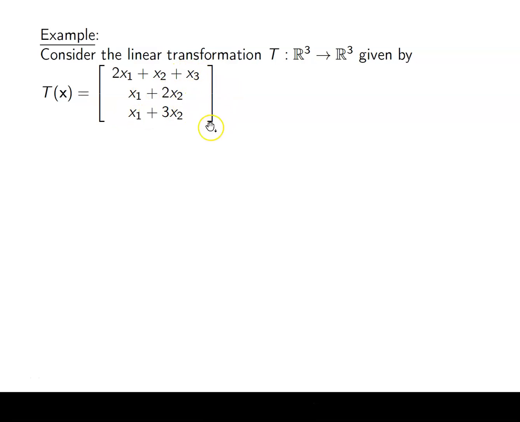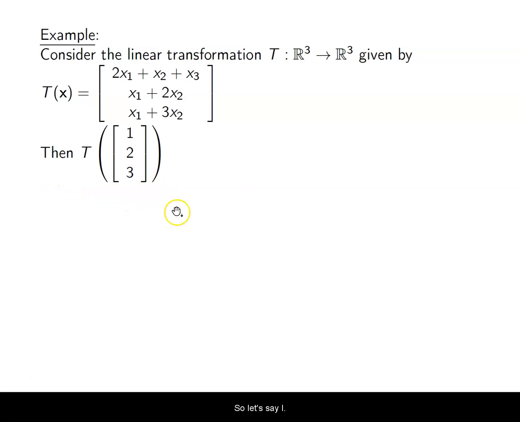That's 3 entries. That's R3. So I'm going from R3 to R3, and I know that because the largest subscript here is x3. And when I'm looking at what my vector looks like, there's 1, 2, 3 entries.